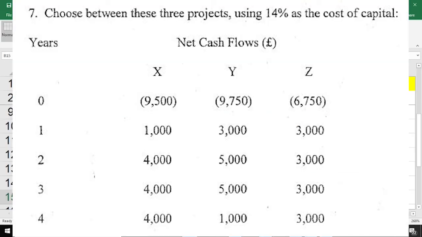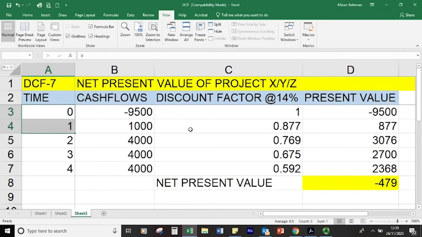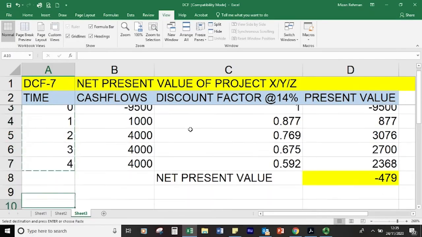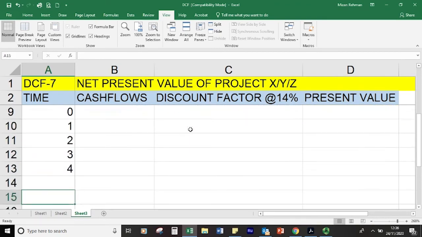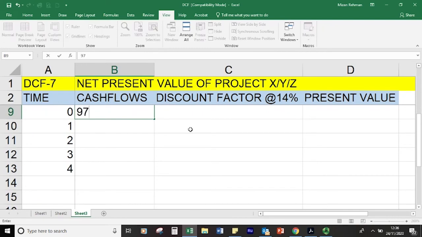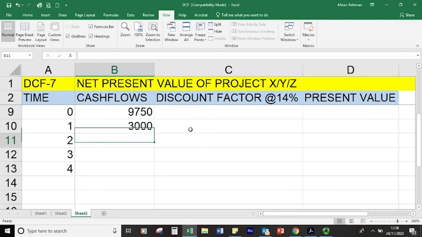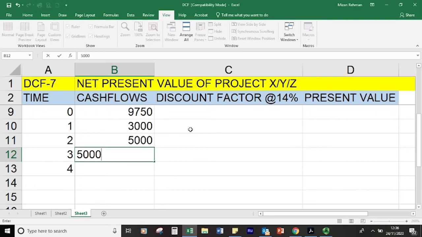Project Y. And we are investing, same timeline, so I'll save myself some typing, £9,750, so a bit more than project X, and we are receiving 3,000 in year 1, 5,000 in year 2, 5,000 in year 3, and then 1,000 in year 4.